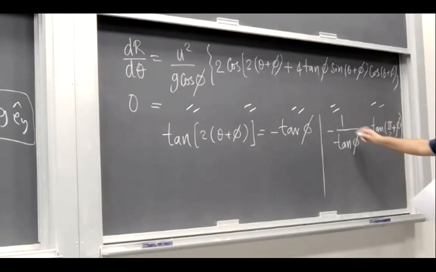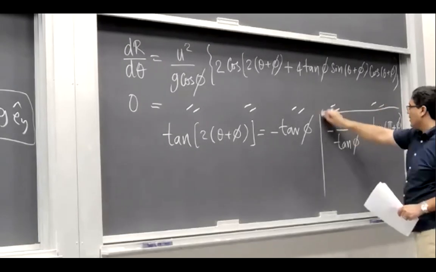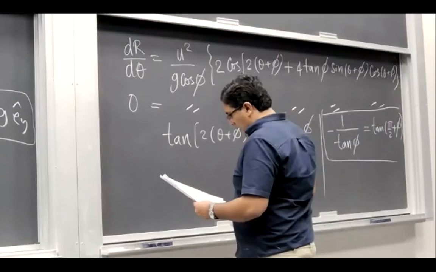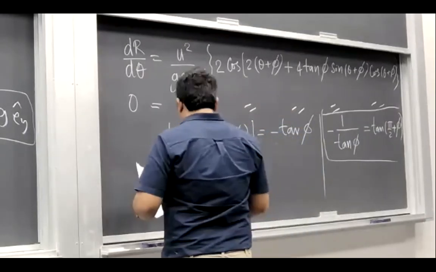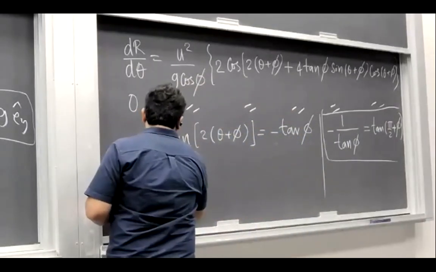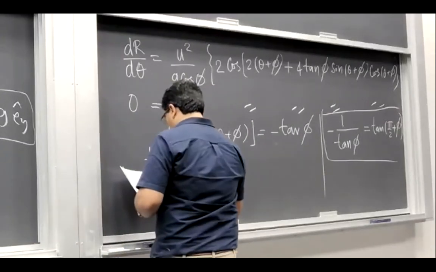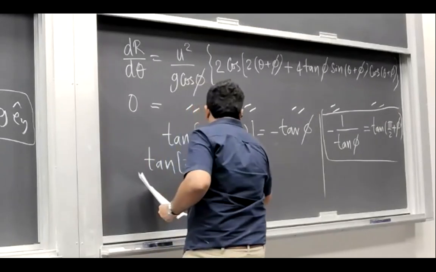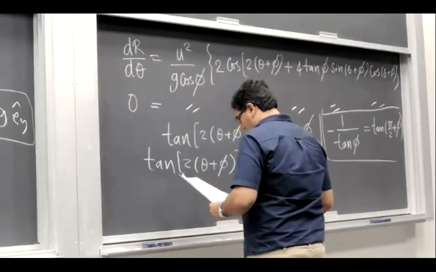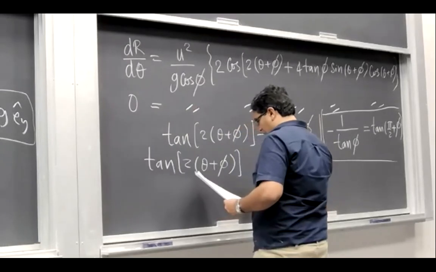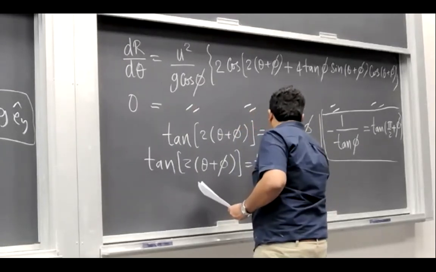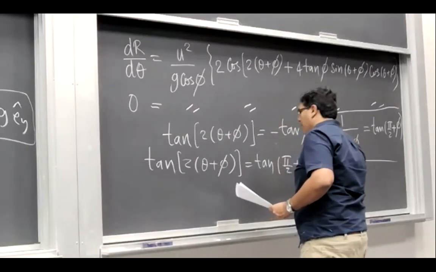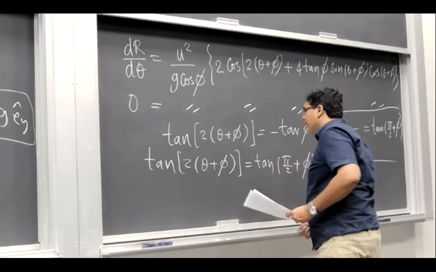If you do this substitution in this equation, then you would get an equation that looks like this. Tangent of 2 theta plus phi equals tangent of pi by 2 plus phi.